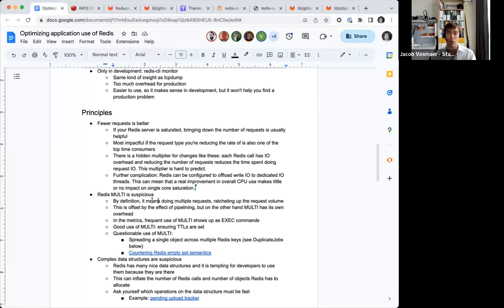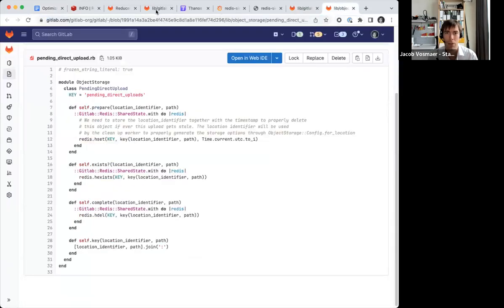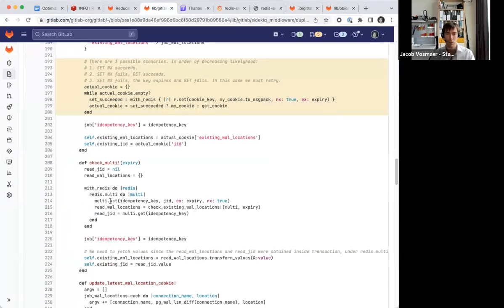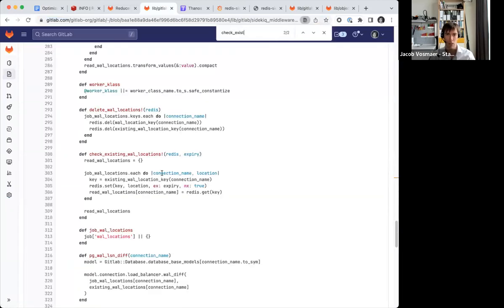So what that looked like in the code, I have that somewhere. The old code used a multi, and it did a set, and then it called this method, which we'll jump down to in a moment, and then it did a get, and this check existing wall locations did another set and another get.